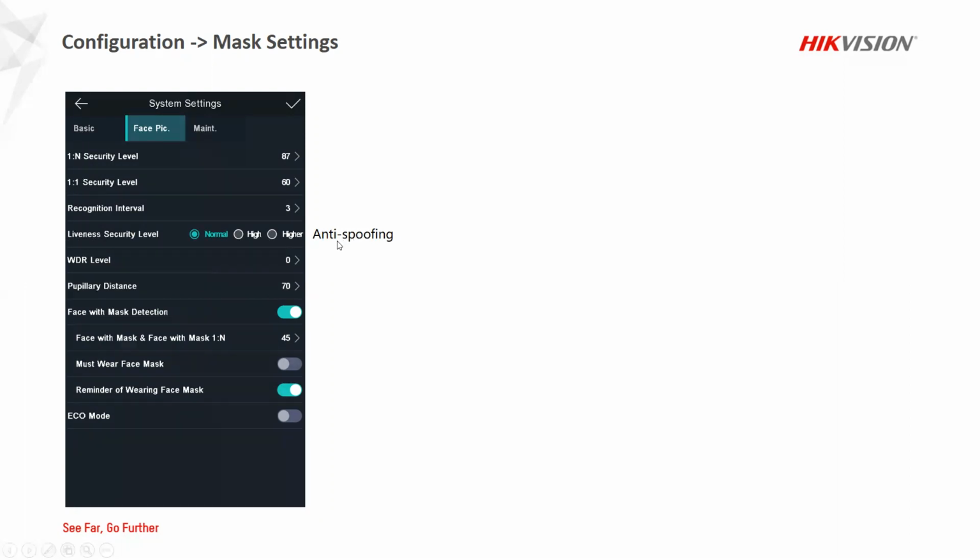That actually determines the level of the anti-spoofing. So if you need a higher anti-spoofing functionality, so that a normal 2D picture cannot grant access, you can make the level a little bit higher. And then this is the place where you have the face with mask detection setting. If this is disabled, then the thermal MINMO won't detect masks.